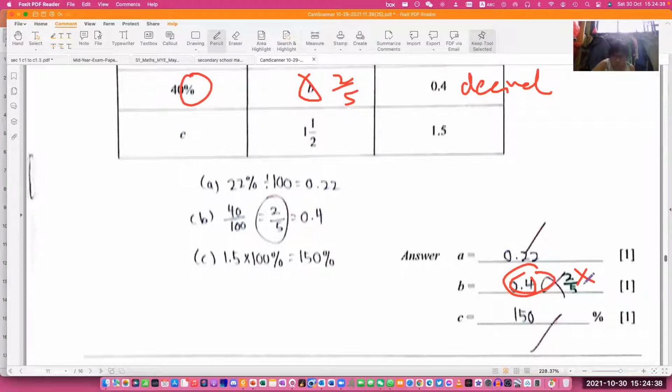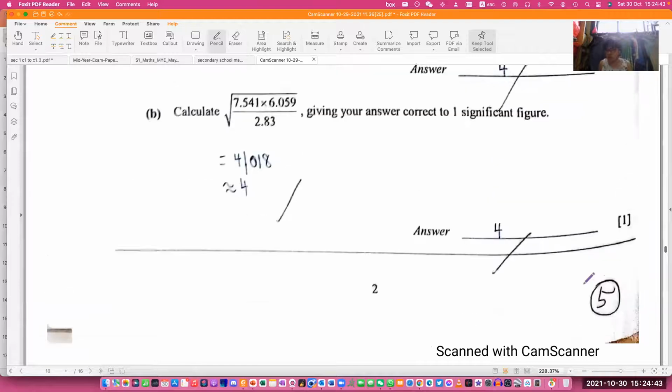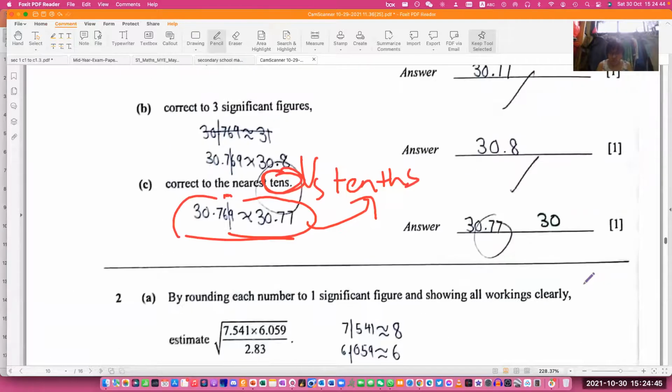So 1 mark is gone. Never read question. This one, never read question also. They want tens, you give them hundreds. Another 1 mark gone because of never read question. So 2 marks gone already.